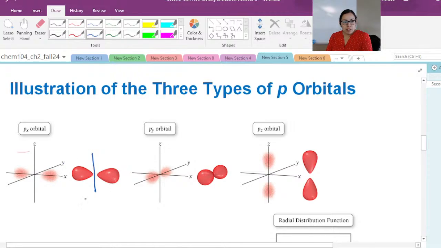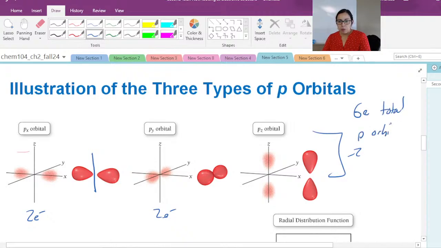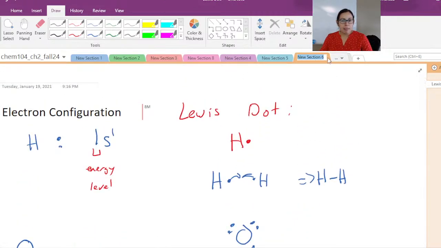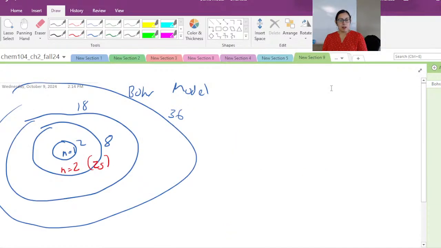And then each one of these orbitals can hold 2 electrons. That means there's 6 electrons total in our p orbitals. So these are subshells. Each subshell holds 2 electrons, and there's 3 of them. If we go back to our Bohr model to compare, in this n equals 2 level, we have s orbitals that are possible, and then also our 2p.